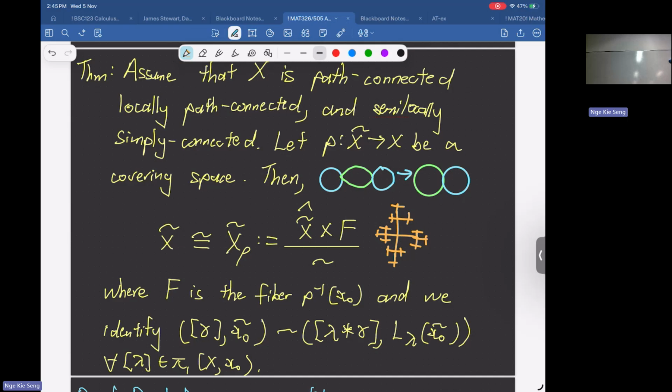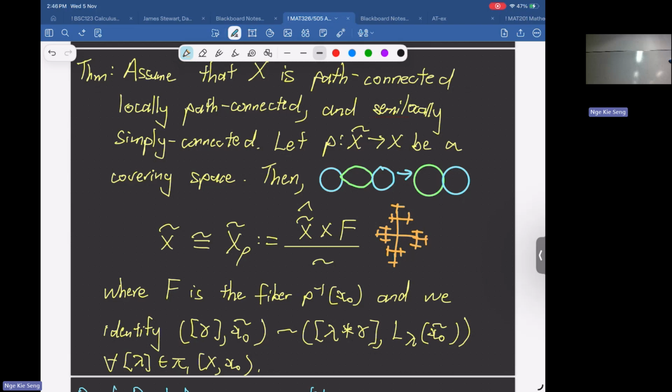Somehow you need to identify them. Based on this construction, you take each piece of universal cover, put one universal cover here, put another universal cover there, and then you need to identify.